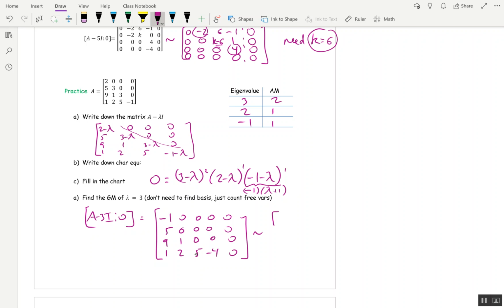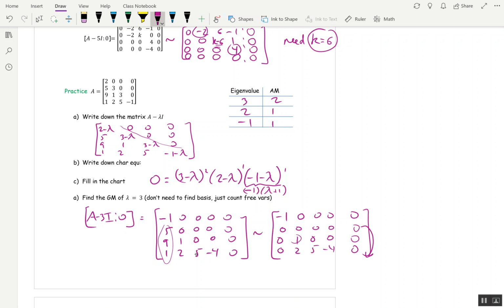Okay, need to do some quick reductions here. I'm going to kill off all these numbers. Negative 1, 0, 0, 0, 0, and then 0, 0, 0, 0, 0, 0, 1, 0, 0, 0, 0, 2, 5, negative 4, 0.